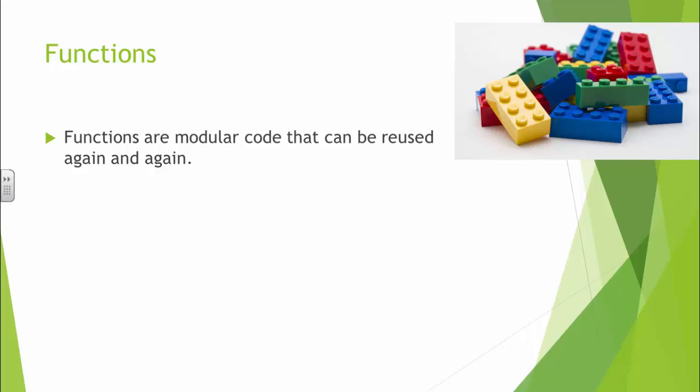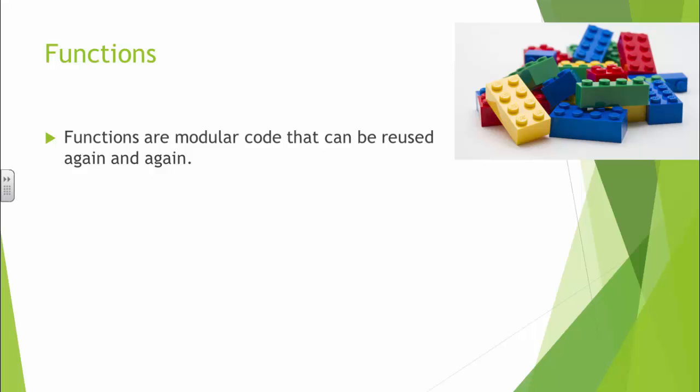So functions are modular code. They can be reused over and over again within a given sketch, called over and over again to do various things. They're useful because they're somewhat customizable, and we'll see a little bit of that later.